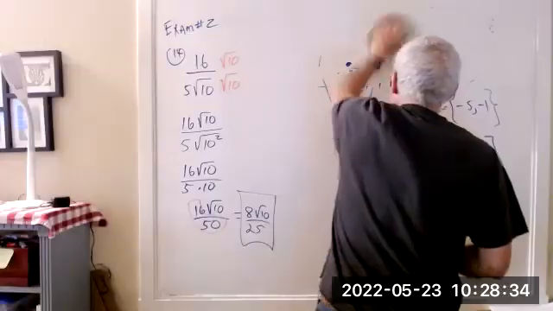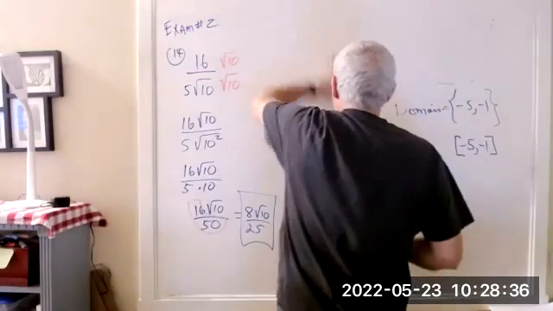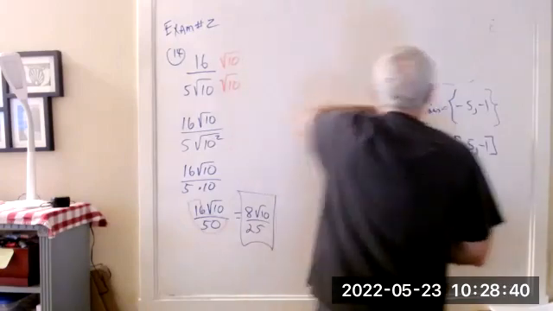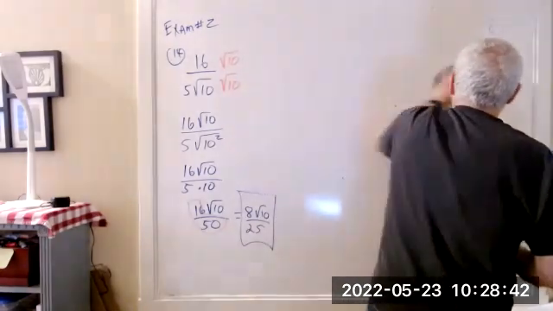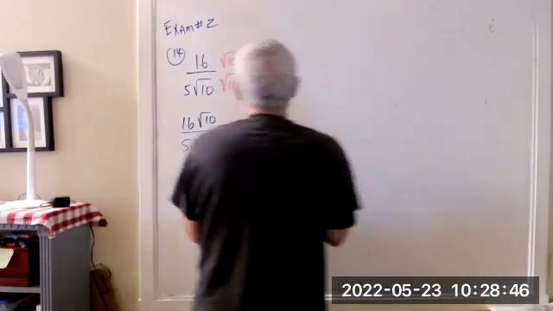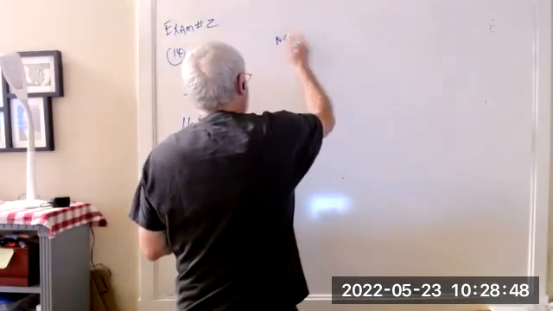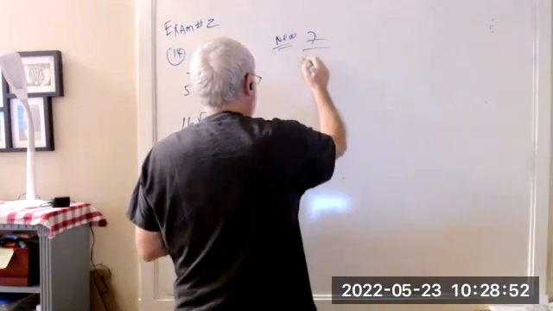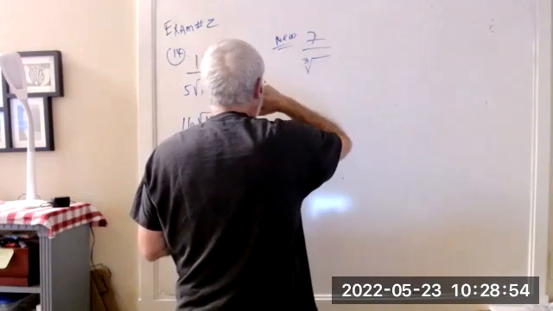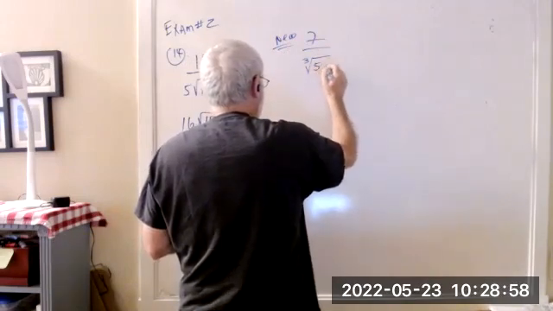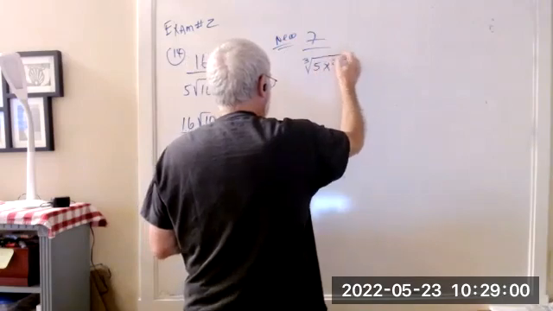Okay, thank you. Well, that brings up an interesting problem. Again, I want to riff on that. What if you had 7 over the cube root of 5x squared?